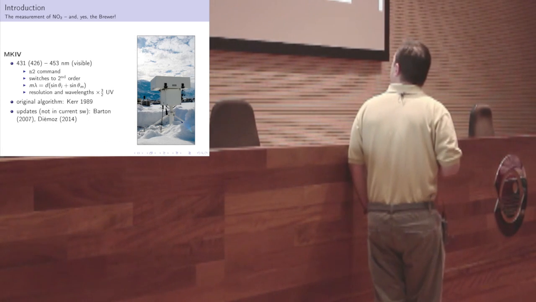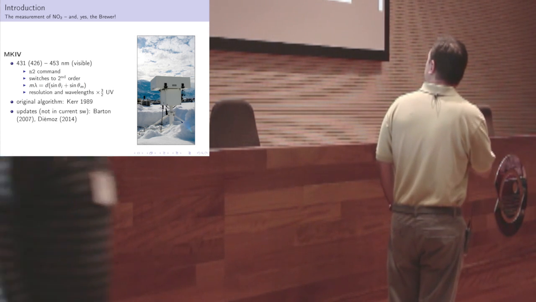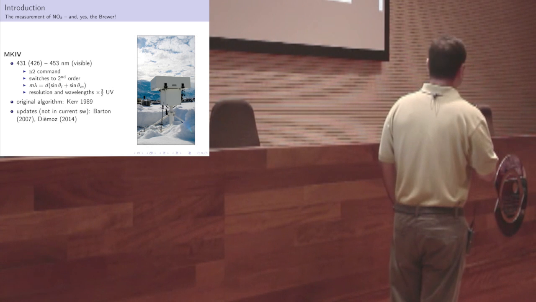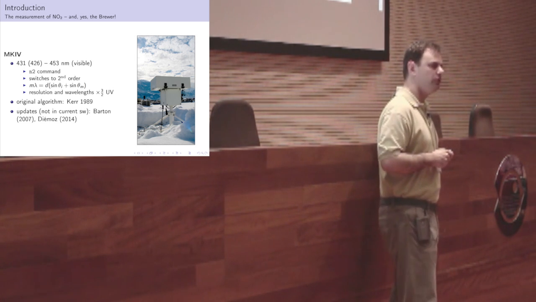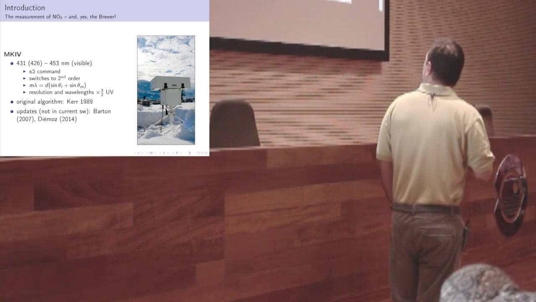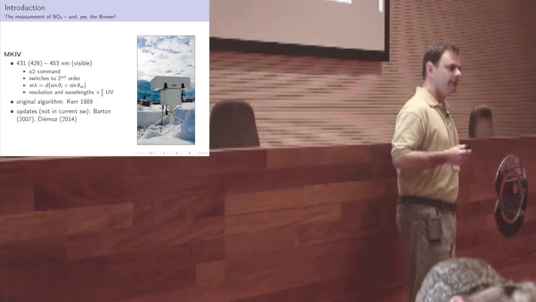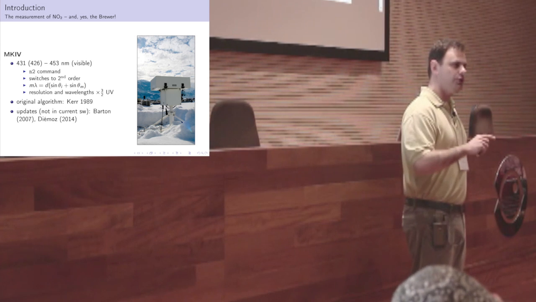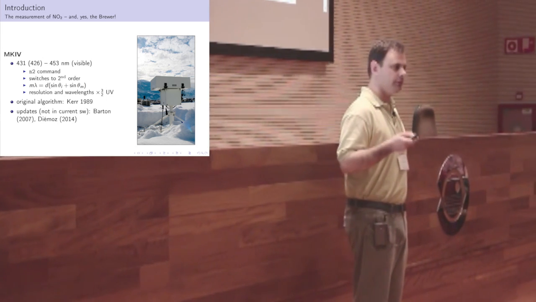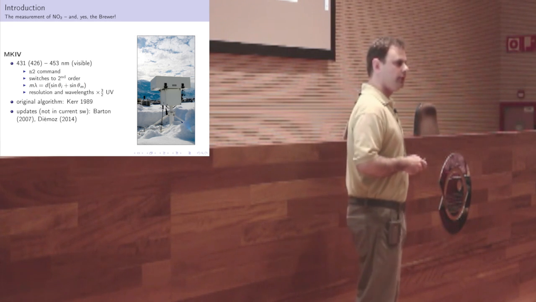So the Mark IV Brewer can retrieve nitrogen dioxide in this range, 431, 453. The first slit, the mercury slit, is not used in the traditional algorithm. In a double Brewer you have the N2 and O3 commands that make you switch between the third order of diffraction of the grating, where the ozone is retrieved, to the second order of diffraction.